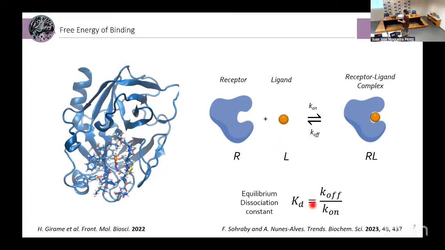Here is where we can define the equilibrium dissociation constant, or the equilibrium binding constant if we do the opposite. This process is in equilibrium, so we can have multiple bindings and unbindings, but if we want to design a good drug, it's better to have a slow K-off, because we want the drug to remain as much as possible forming the complex with the protein.